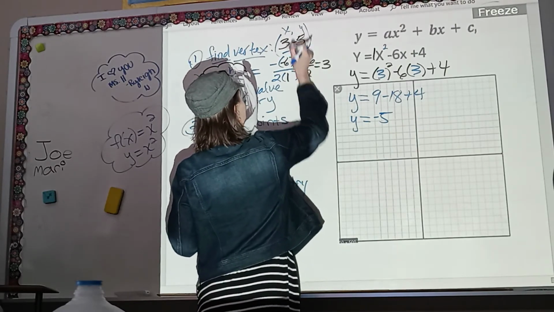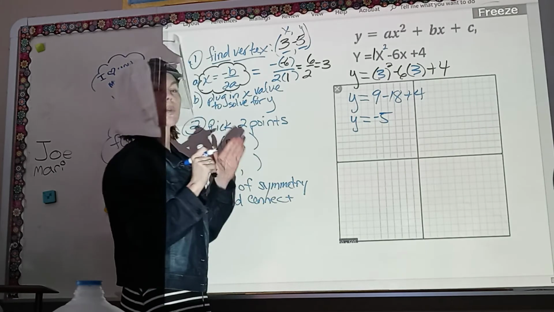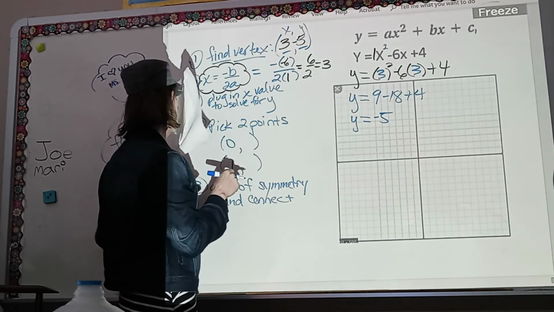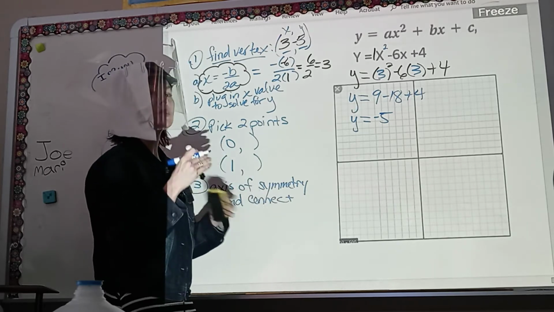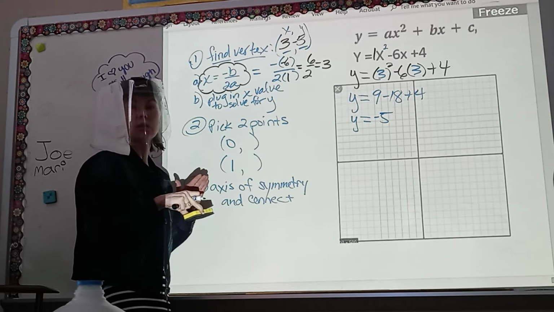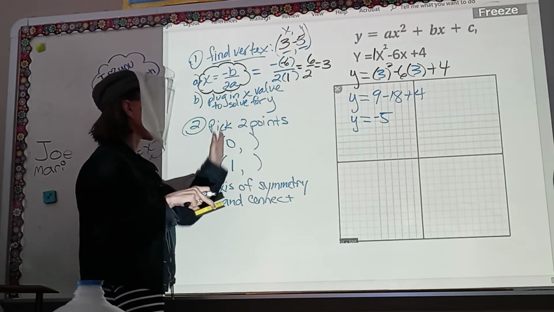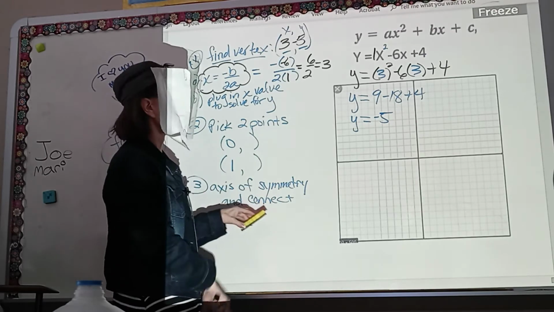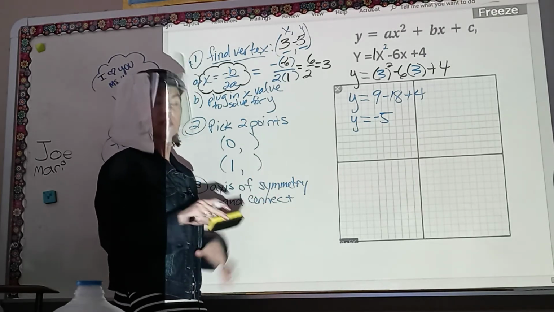So now we know that the vertex of this parabola is at positive 3, negative 5, okay? We're going to use that same process for the next 2 points that we're going to choose. We choose the x values, and then you just plug in your x values to get your y values, okay? It's the same process for the next 2 points.